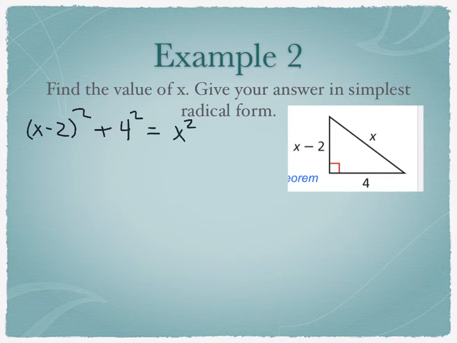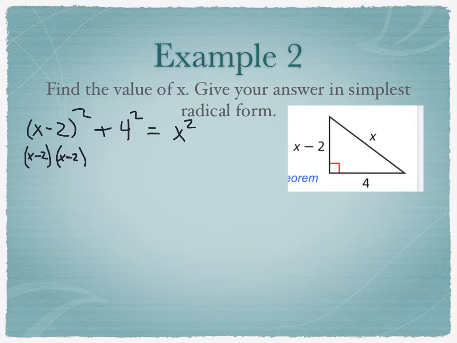So x squared. How do we do x minus 2 squared? What do we need to do? So this is like saying x minus 2 times x minus 2. So what do we need to do to multiply these two?